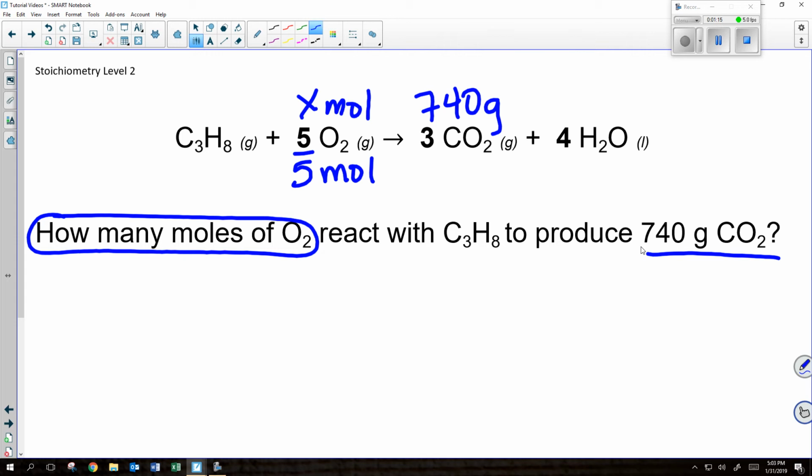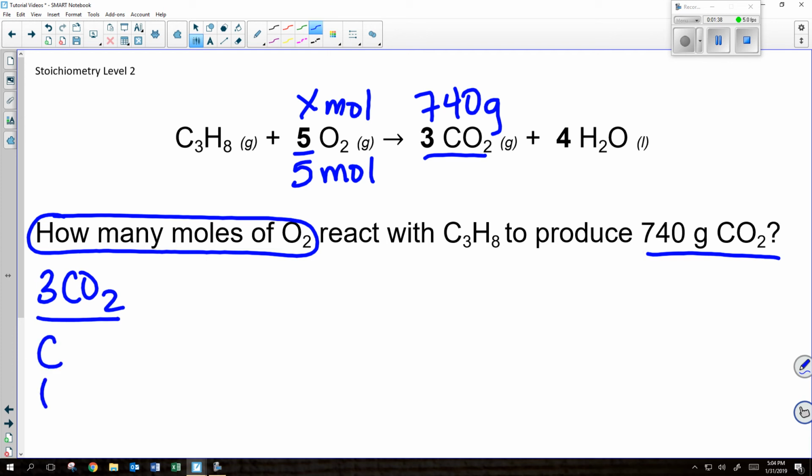For my CO2, I have 740 grams over my CO2. So I need to determine how many grams are in 3 moles of CO2. And I do that by calculating the molar mass of my 3 moles of CO2. So I write down 3 CO2.